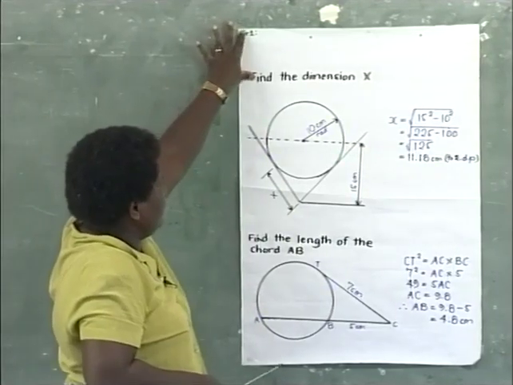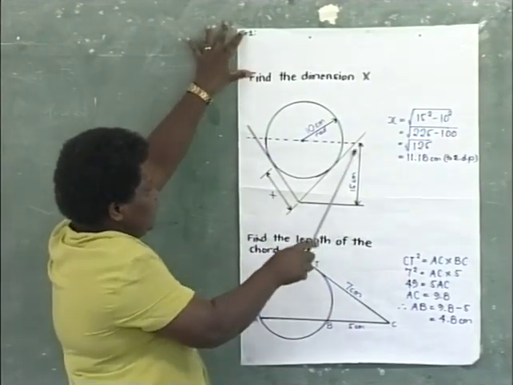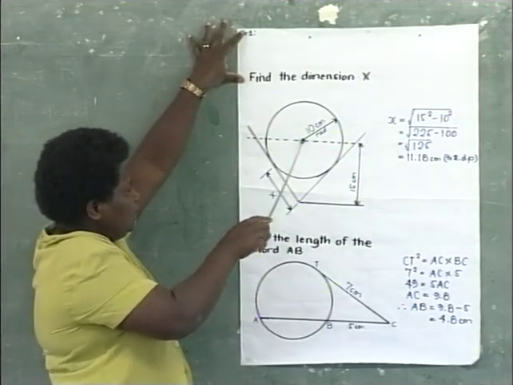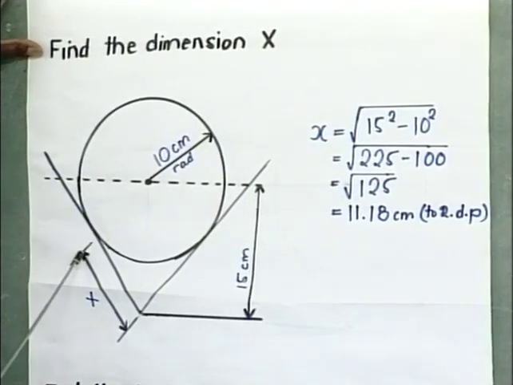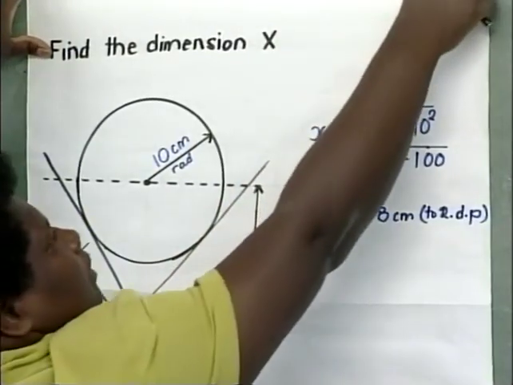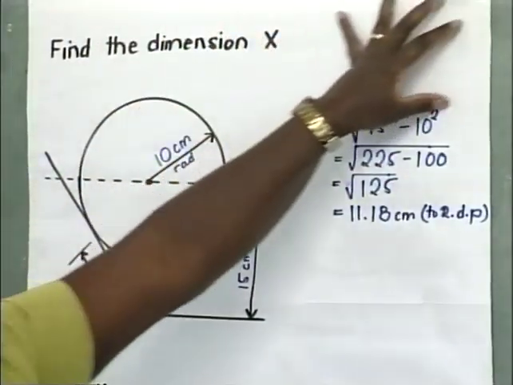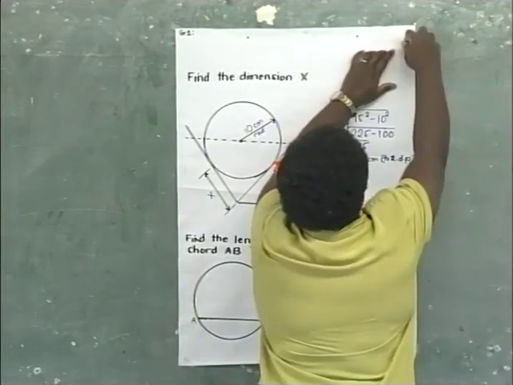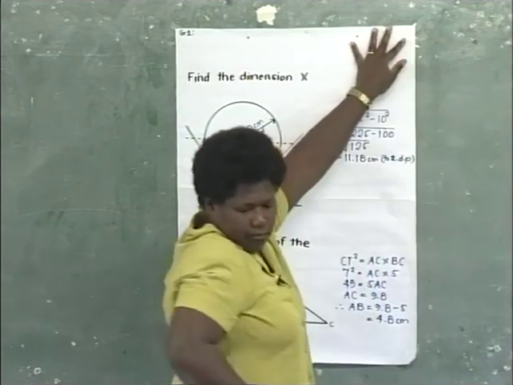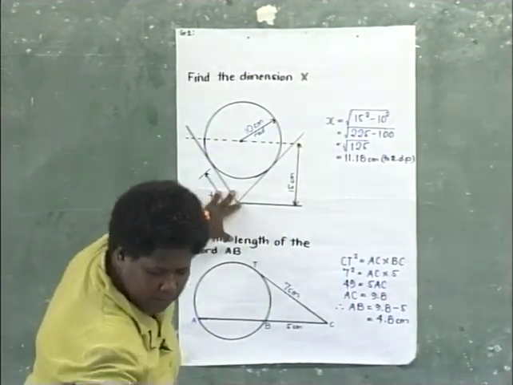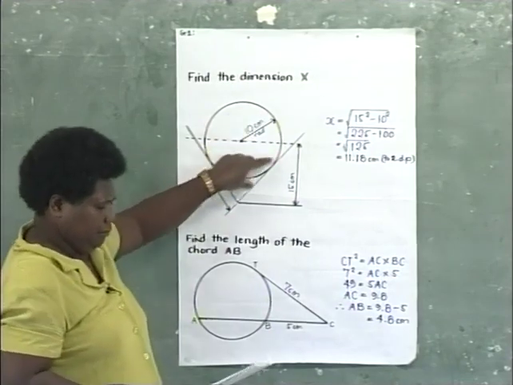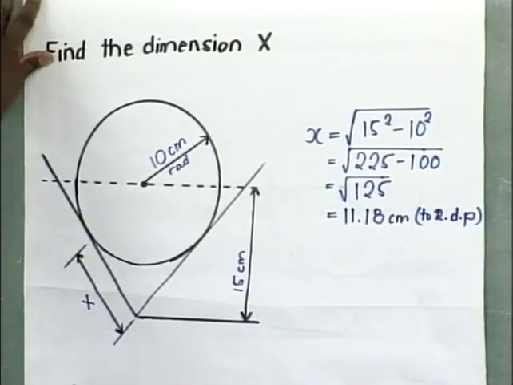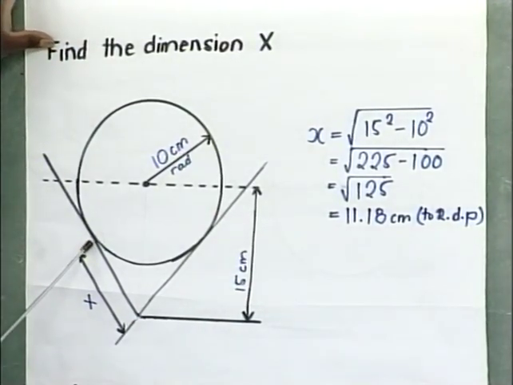Okay, they said from here to here is 15. We were asked to find x. From here to here is 10.